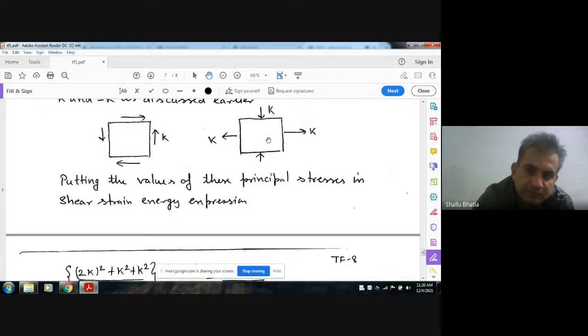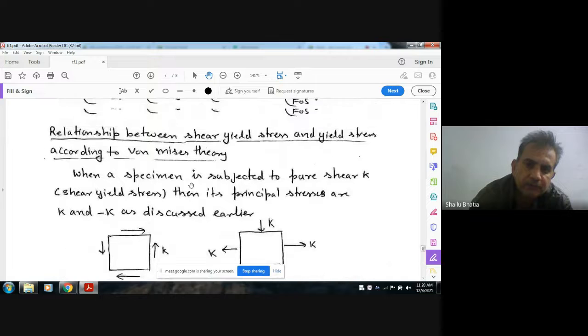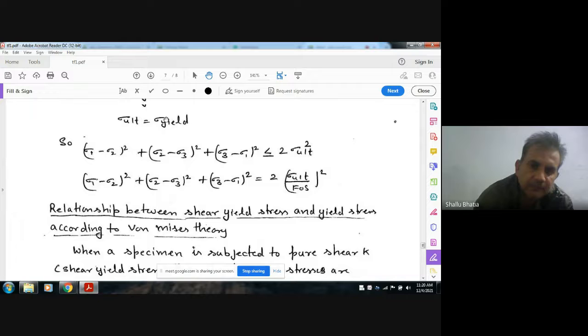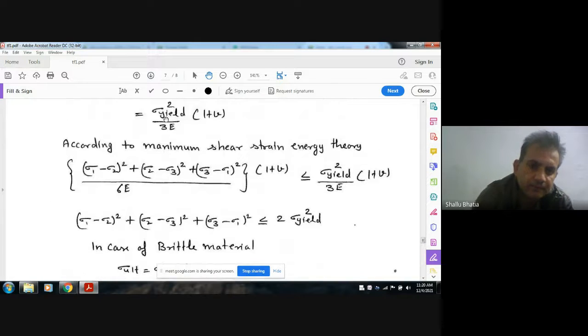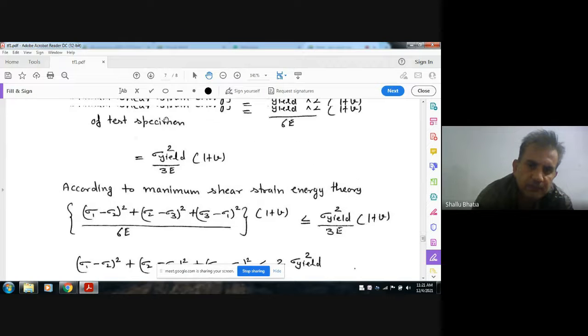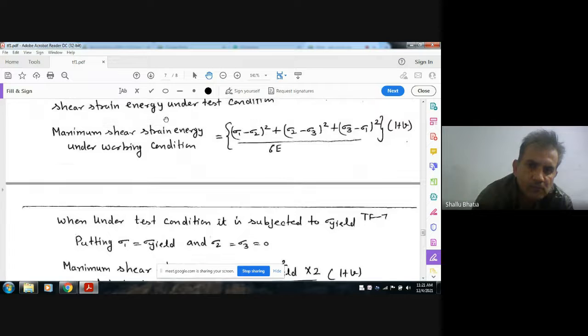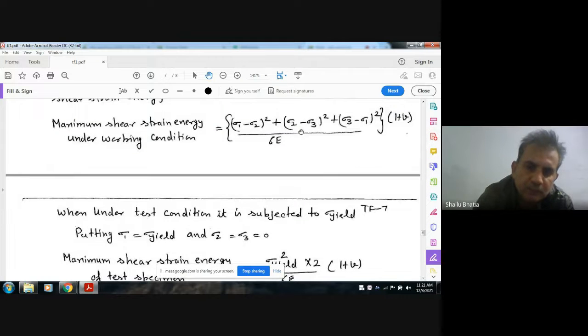Okay, so the shear strain energy stored by this specimen, we put in the above formula of shear strain energy, that formula (sigma 1 minus sigma 2) square, (sigma 2 minus sigma 3) square, (sigma 3 minus sigma 1) square. Then we put sigma 1 equal to k and sigma 2 equal to minus k and sigma 3 equal to 0.